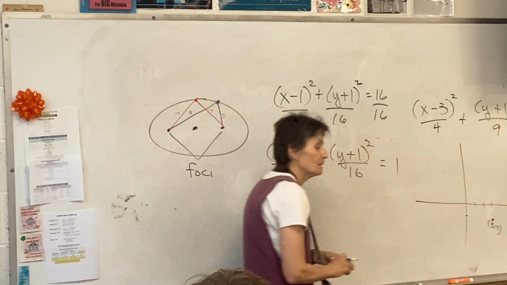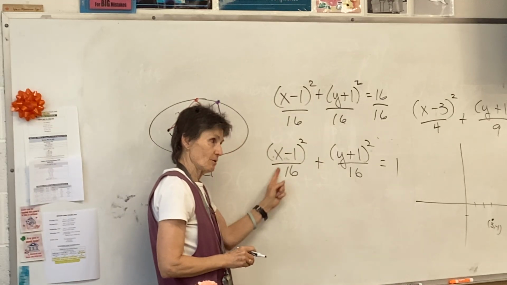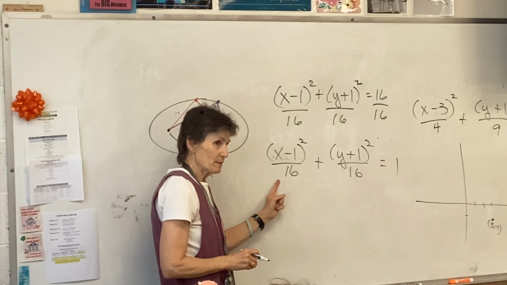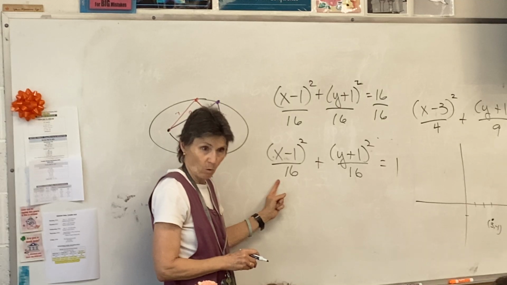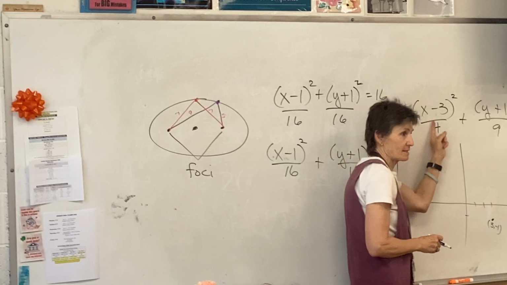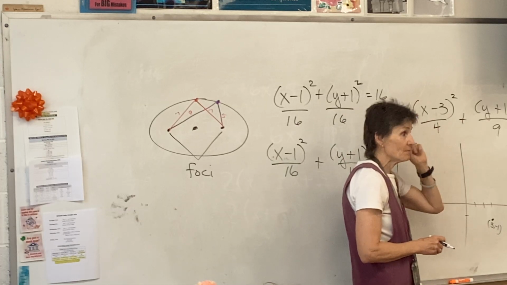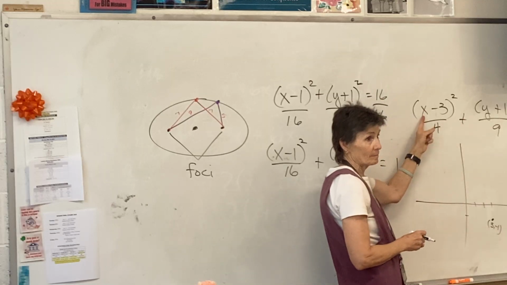Now remember, when it was a circle, that denominator represented a radius of 4. What do you think this represents? Width. A radius of 2 in the x direction.